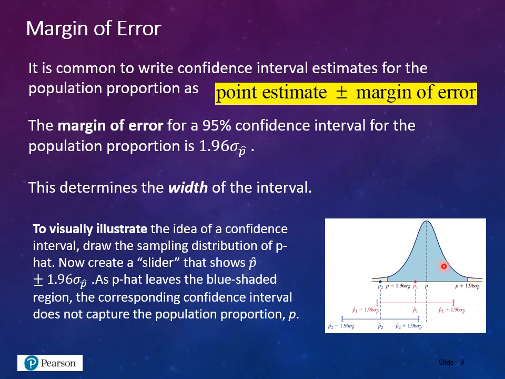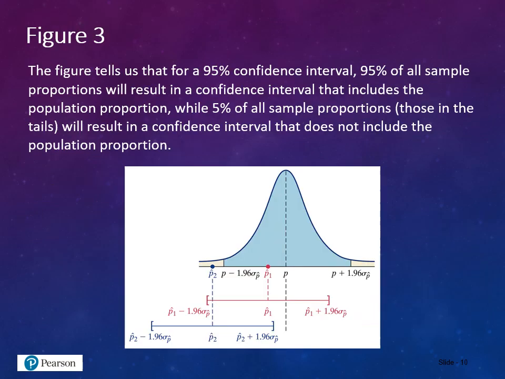Okay, so notice what we're saying here is the confidence level works for the data in this blue range and not for outside the blue range, which is that plus or minus 1.96 standard deviations of p hat. The figure tells us that for a 95% confidence interval, 95% of all sample proportions will result in a confidence interval that includes the population proportion. That's here. While 5% of the sample proportions, those in the tails, will result in a confidence interval that does not include the population proportion.